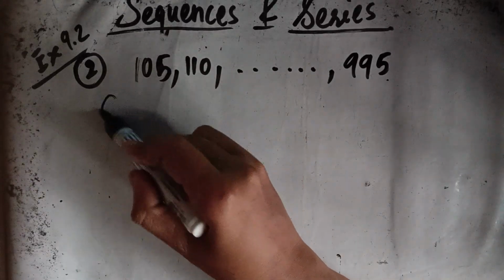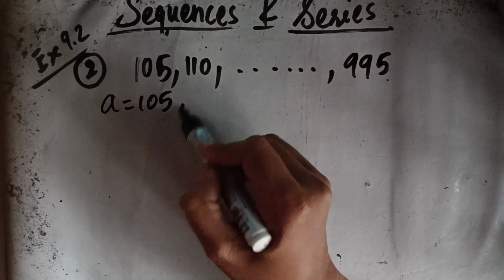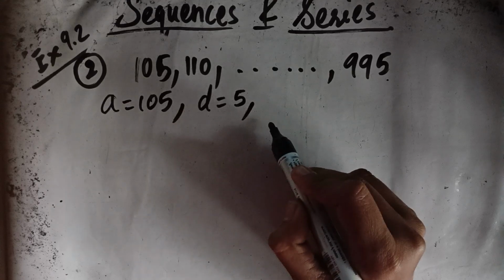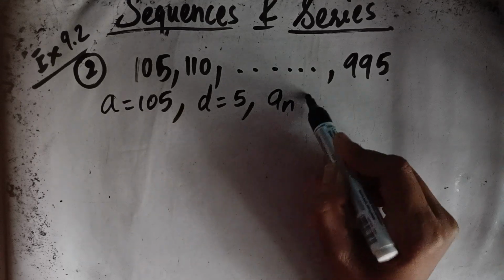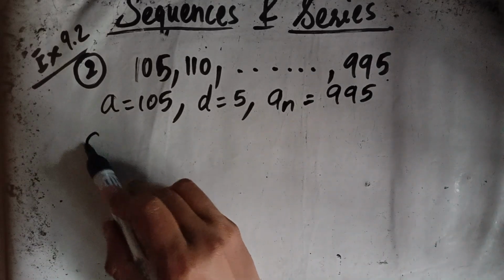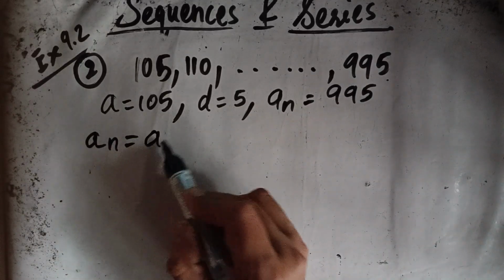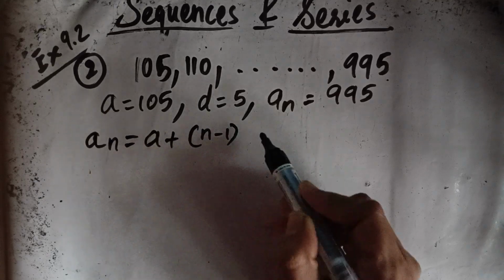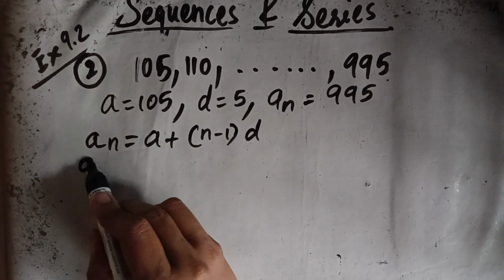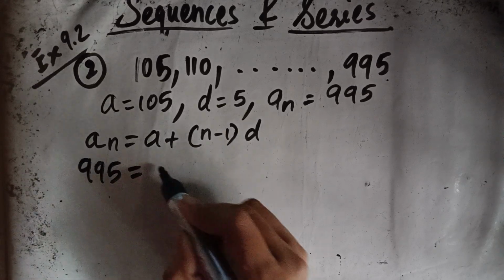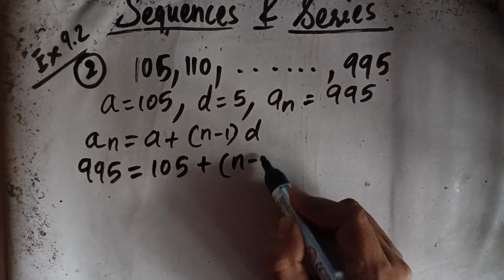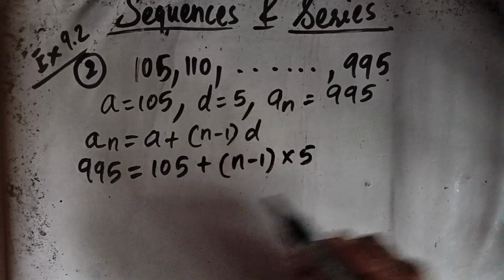So A is 105, D is 5, and N you have to find. This is your an, 995. Same way you have to do the calculation. an equal to a plus n minus 1 into d. 995 equal to 105 plus n minus 1 into 5.